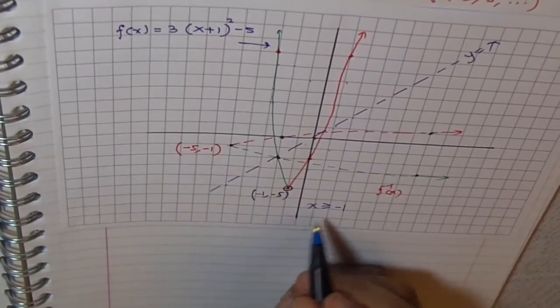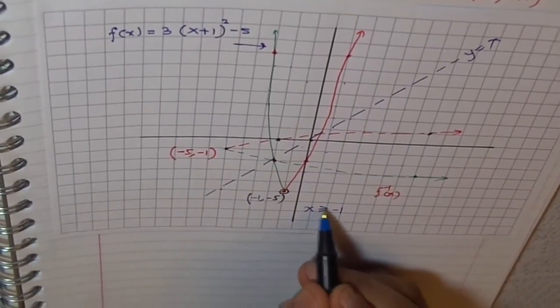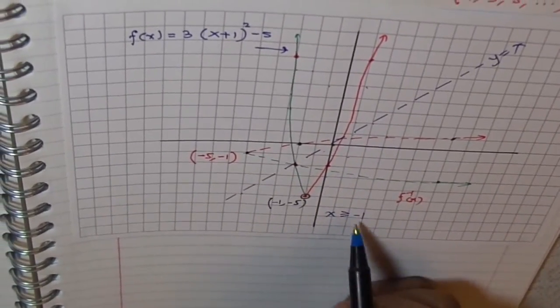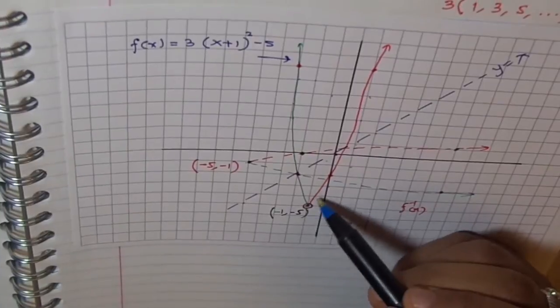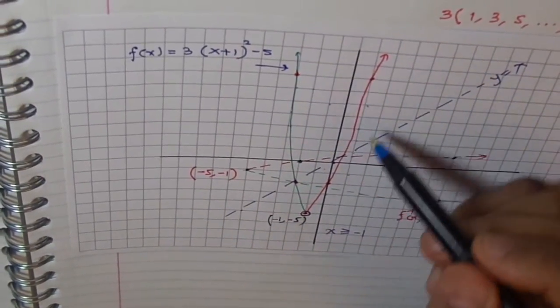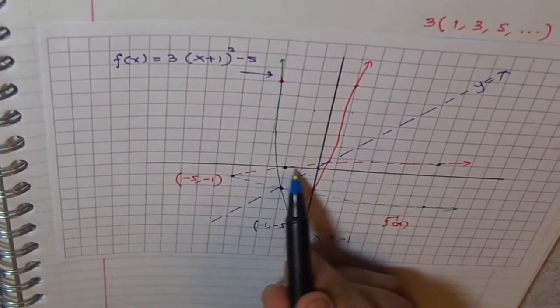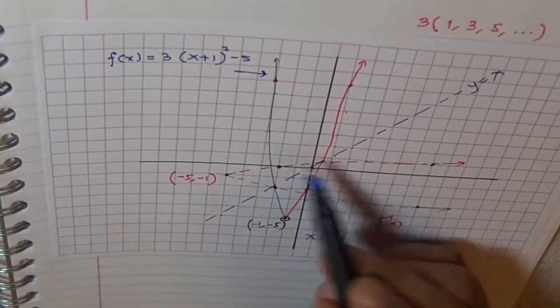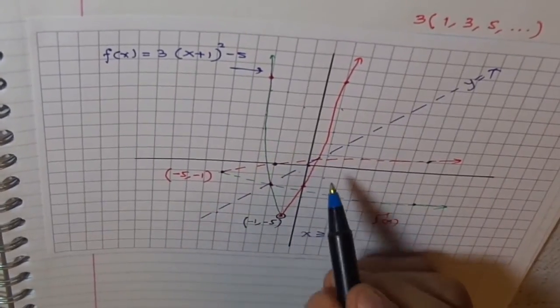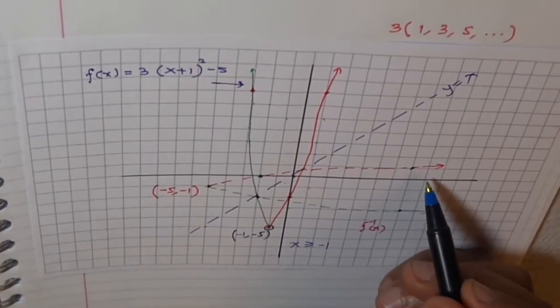If we consider the domain of our main function only for x greater than or equal to minus 1, then we are considering the red line shown on the graph for our function, whose inverse is this dotted line. Now, since we don't have the other half, this inverse is a function, correct?